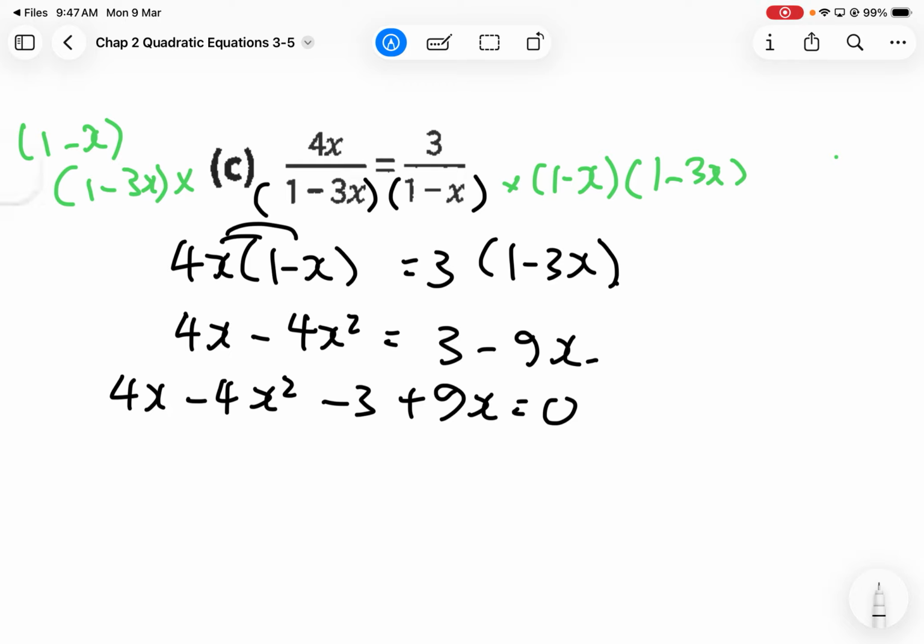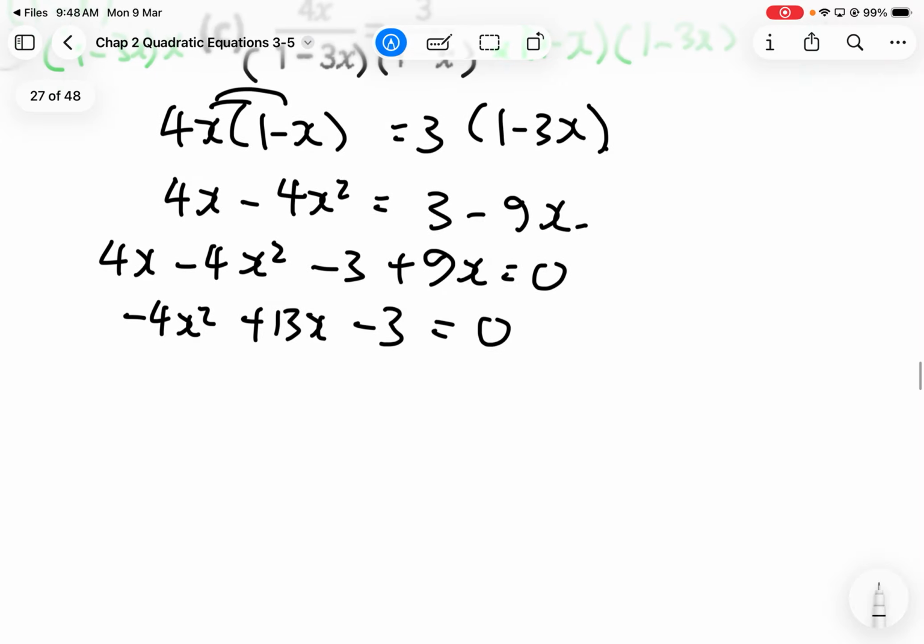This one I change from right hand side to left hand side, so plus 3 becomes minus 3. Minus 9x becomes plus 9x. Now my right hand side is left with 0. Then I can rearrange them. Minus 4x squared, 4x plus 9x, 13x, minus 3. Okay? Then I can apply my quadratic formula. A is minus 4, B is 13, C is minus 3. Then I can continue to solve.